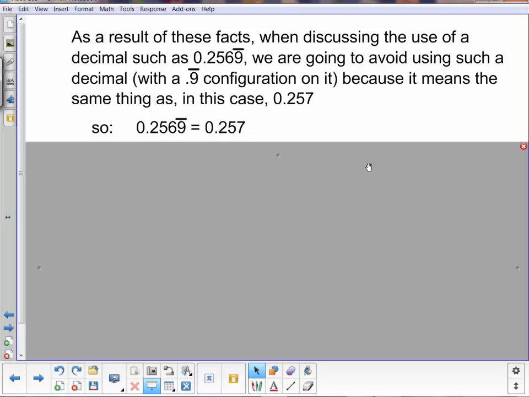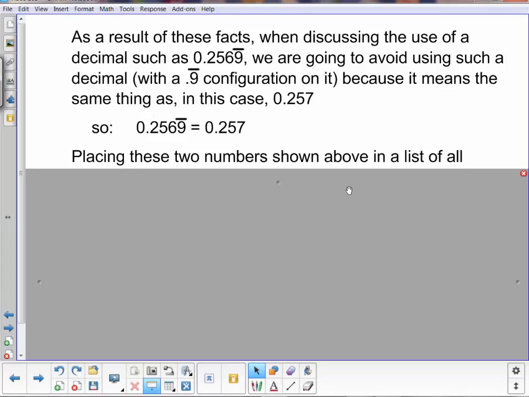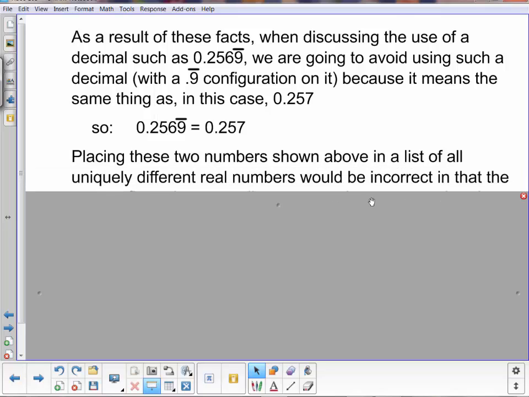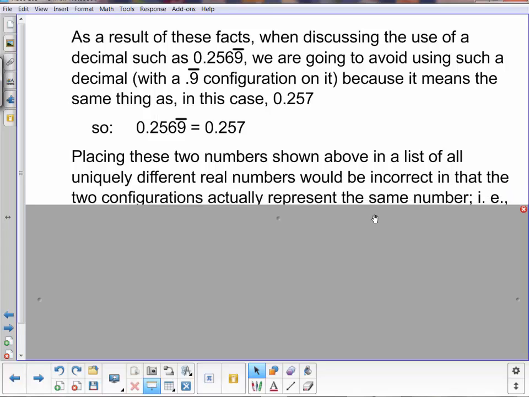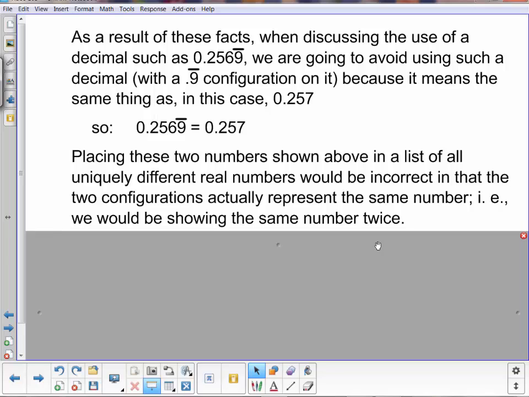So 0.2569, a bar just over the 9, is exactly the same thing as 0.257. Placing these two numbers shown above in a list of all uniquely different real numbers would be incorrect, in that the two configurations actually represent the same number. In other words, we would be showing the same number twice. And of course, when we make a list, we don't want to do that.